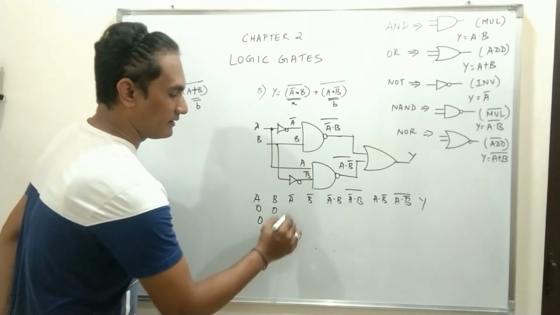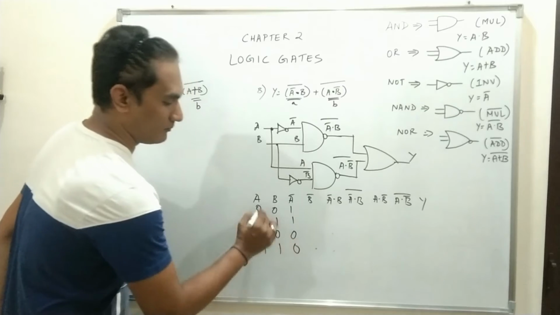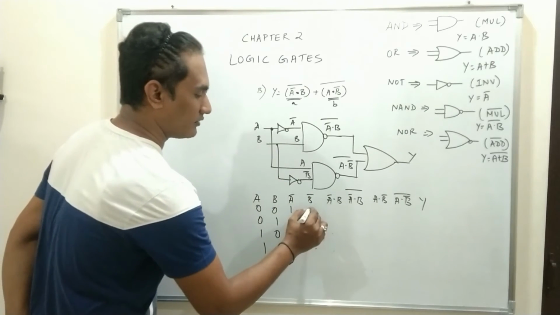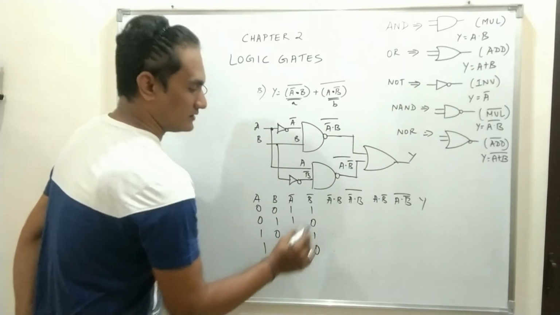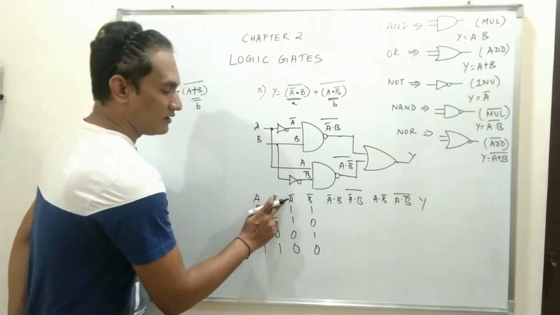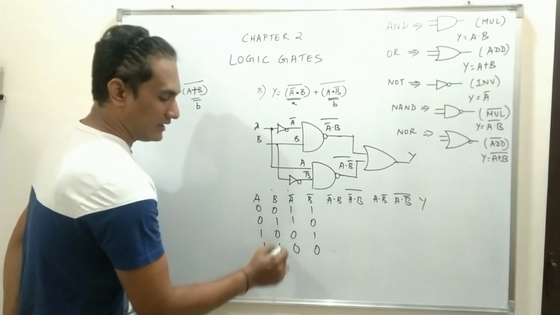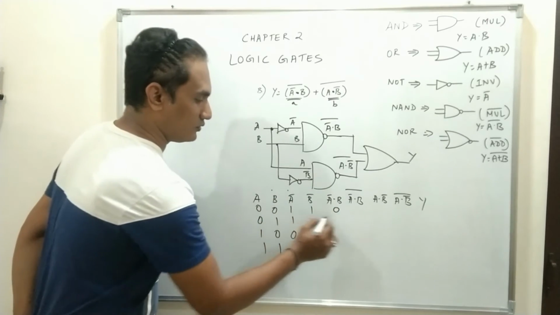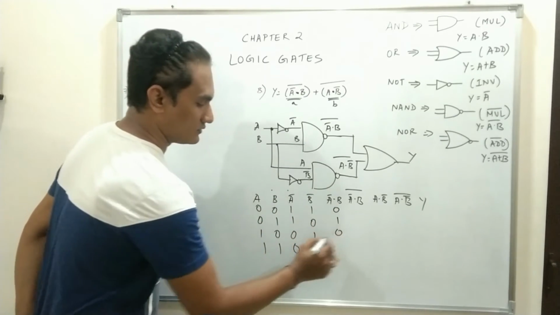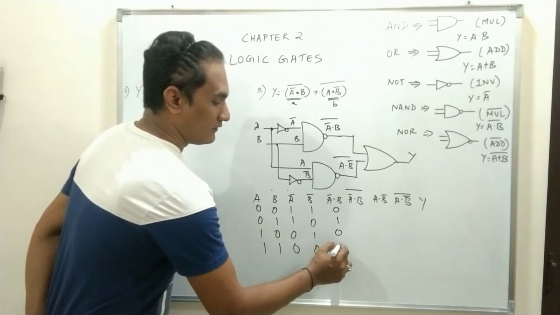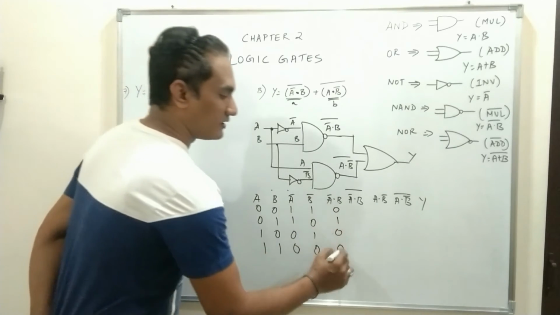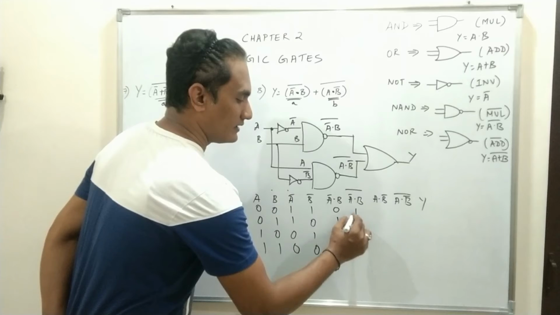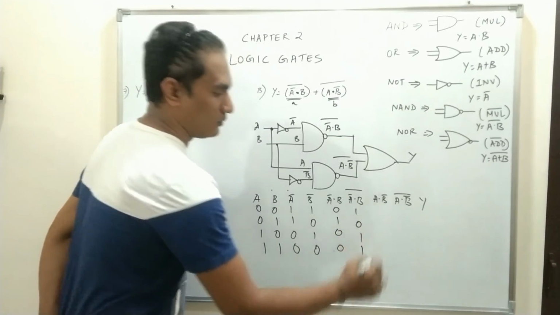What is A bar? 1 1 0 0, complement of A. What is B bar? Complement of B, 1 0 1 0. What is A bar dot B? AND logic between these two columns. AND logic is multiplication, so it will be 0 into 1 is 0, 1 into 1 is 1, 0 into 0 is 0, 1 into 0 will be 0. Complement of this will be 1 0 1 1.